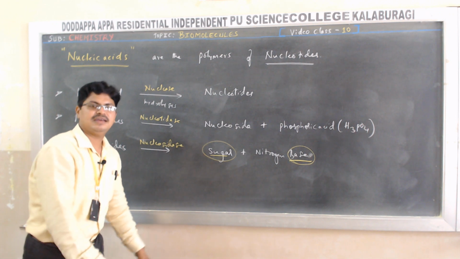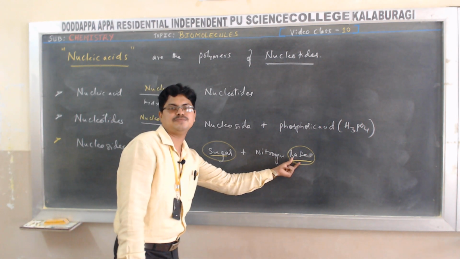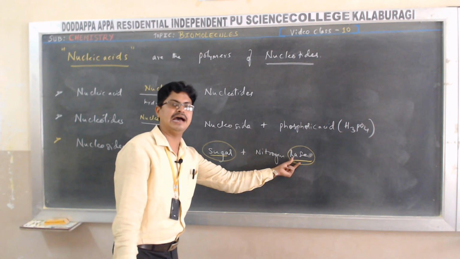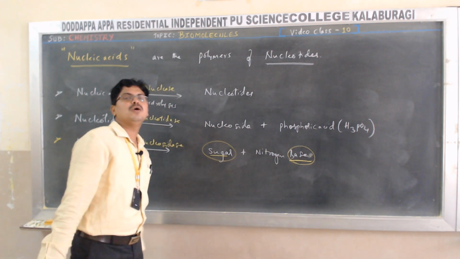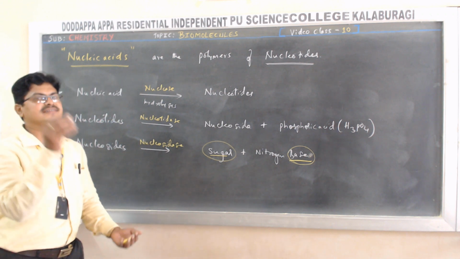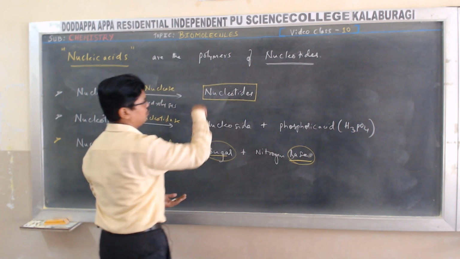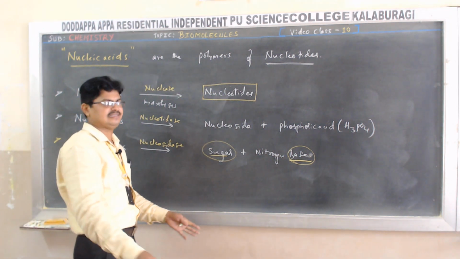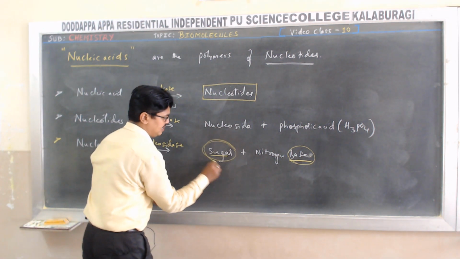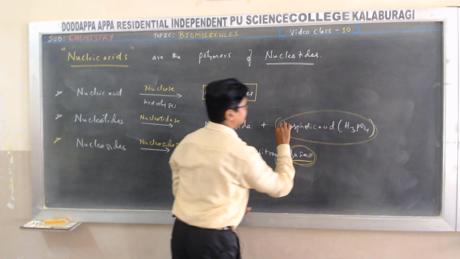Then further, we can subject these molecules to hydrolysis. So hence, what is the composition of nucleic acid? Nucleic acids are composed of nucleotides, otherwise sugar, base and phosphoric acid.